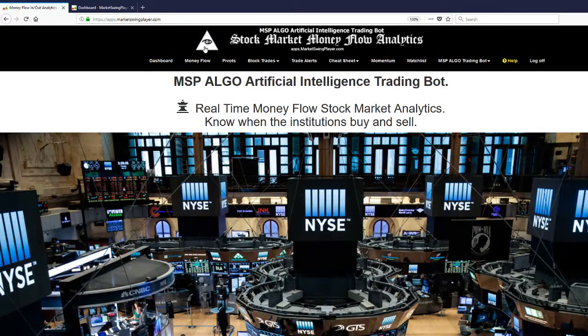So in a nutshell, that's what the application contains. The dashboard contains information on the application and the pages, money flow, pivots, algo, block trades, created block trades.